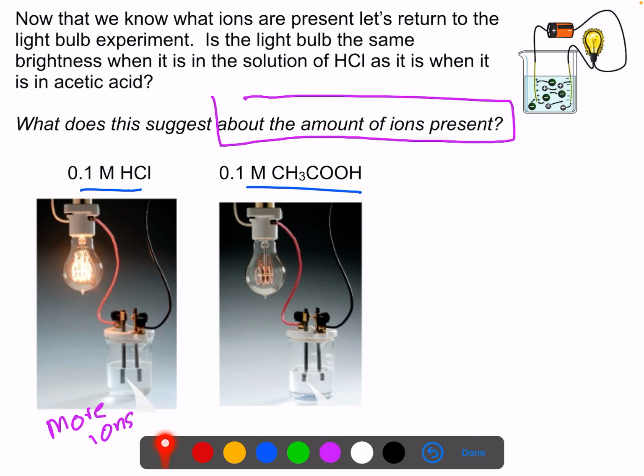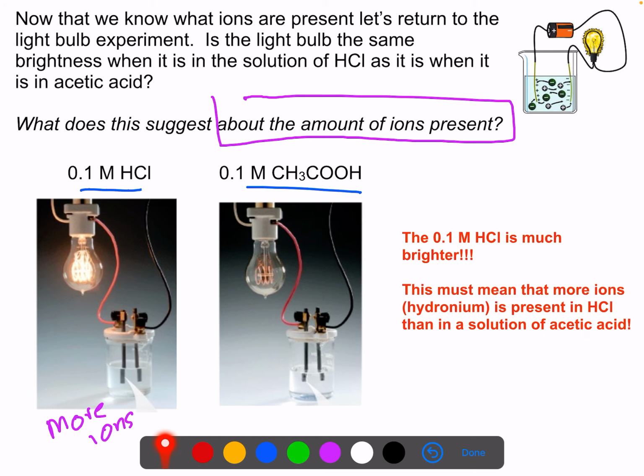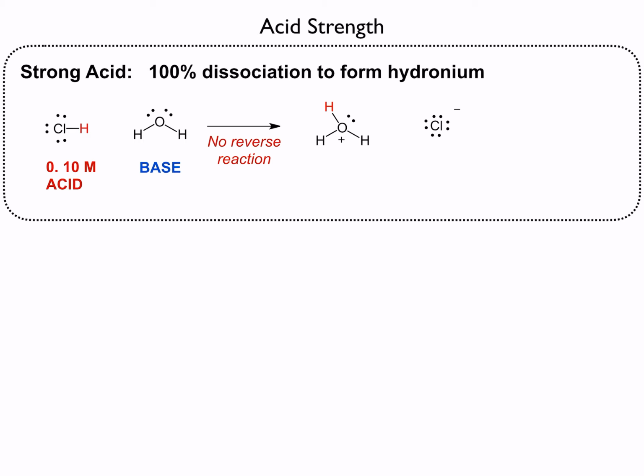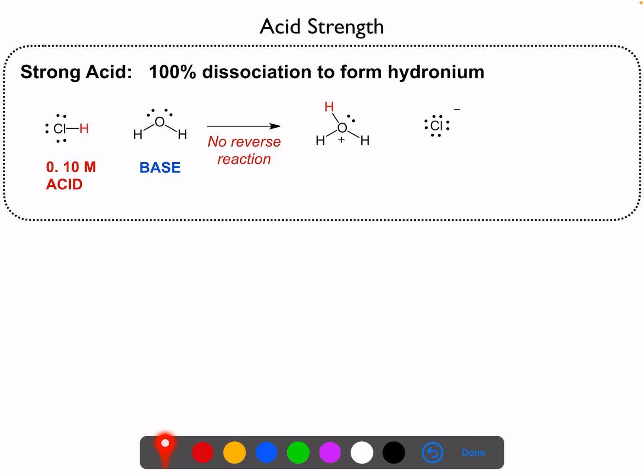Now, if these are both 0.1 molar in acid, why are we getting more ions with HCl than we do with acetic acid? The reason for that is the difference between what's known as a strong acid and a weak acid. HCl is a strong acid. A strong acid means we have 100% dissociation to form hydronium.